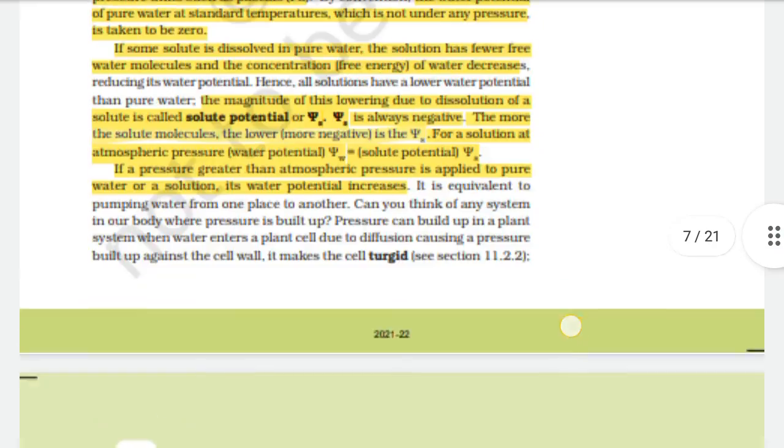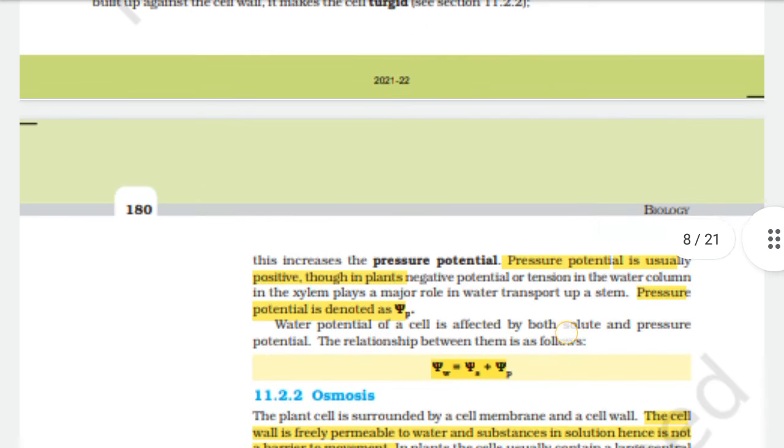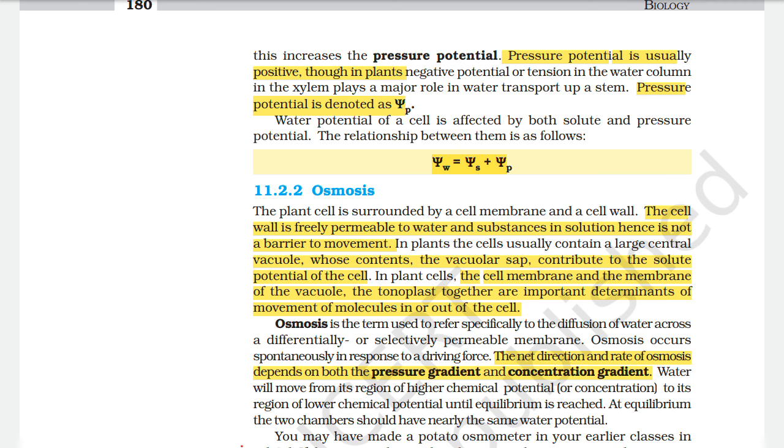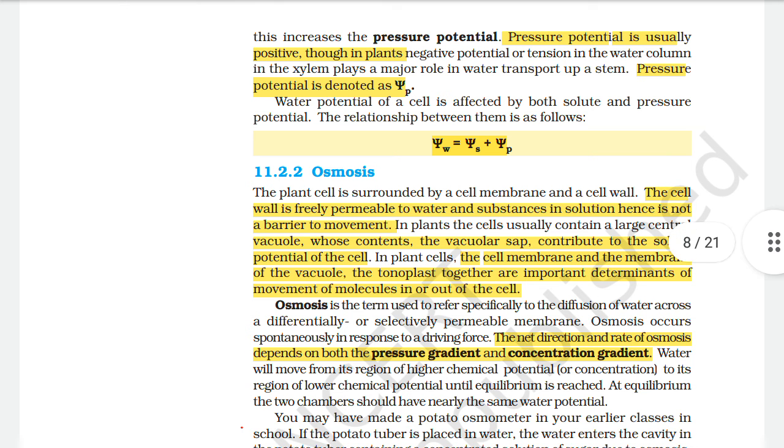Water potential equals psi s plus psi p. Pressure potential is always positive, though in plants, negative pressure or tension in the water column in the xylem plays a major role. So pressure potential is positive and solute potential is always negative. Pressure potential is denoted as psi p.